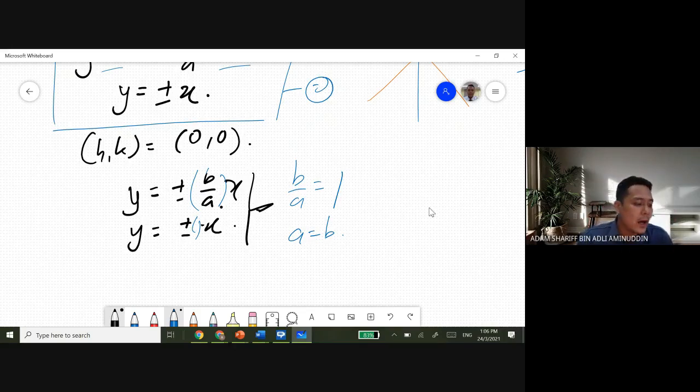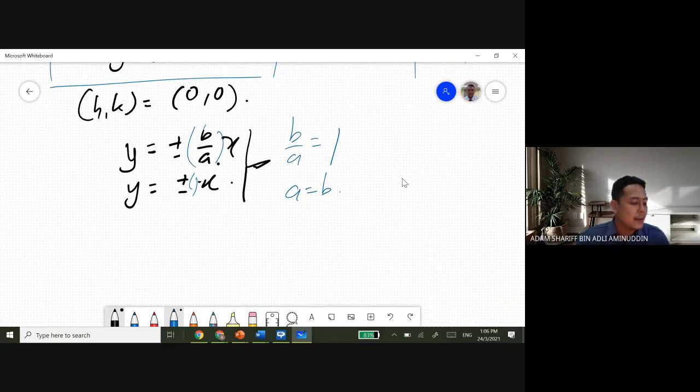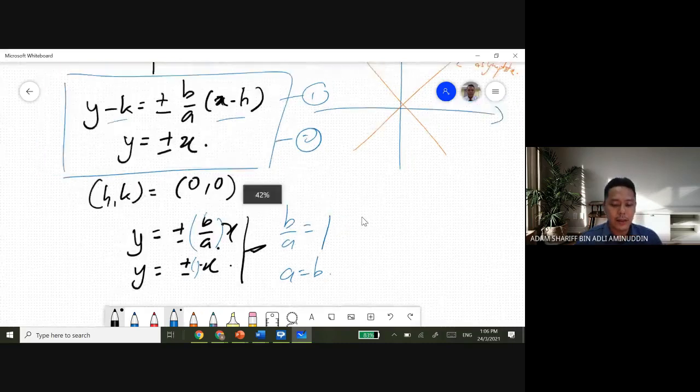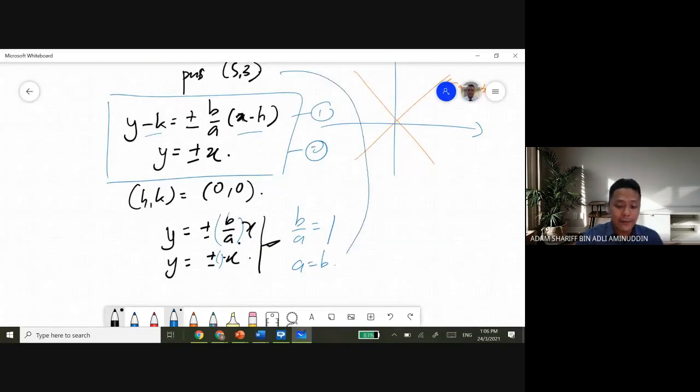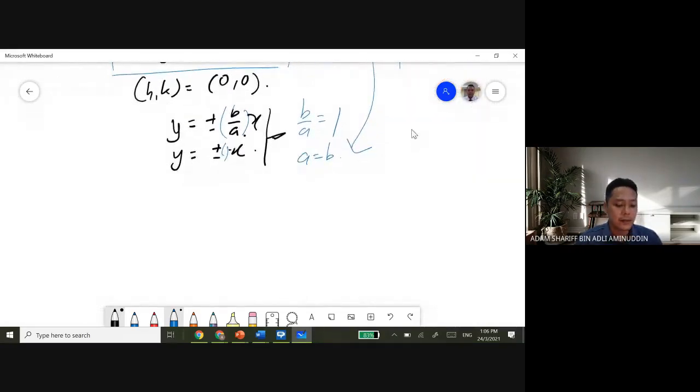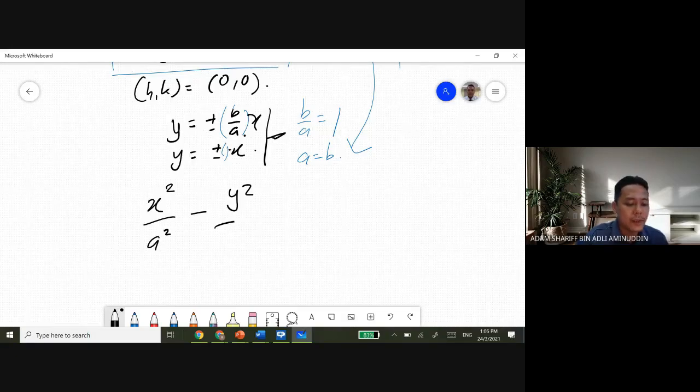Okay, now how to get the value of a and b? Now, this comes into role right now, 5 and 3. Okay, at the time I experiment with this, minus y squared over b squared equals 1.